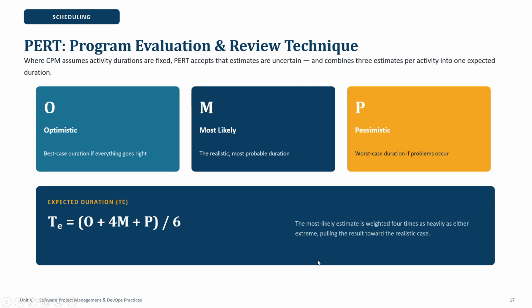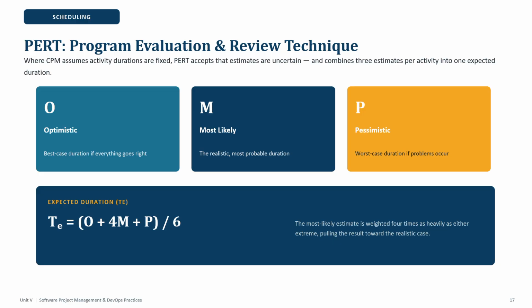Now we will learn about PERT, Program Evaluation and Review Technique. CPM assumes activity durations are fixed, while PERT accepts that estimates are uncertain and combines three estimates per activity into one expected duration: O, M and P, optimistic, most likely and pessimistic.